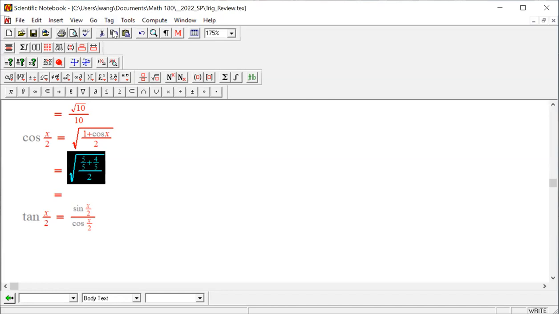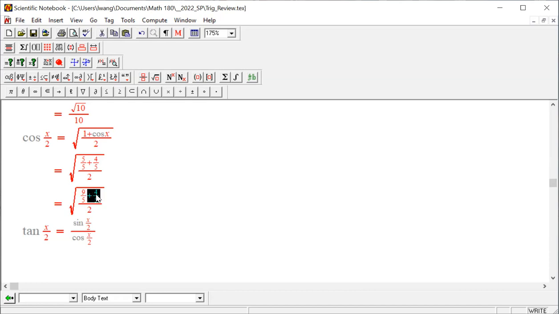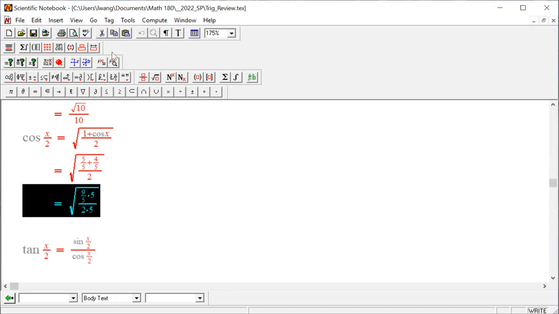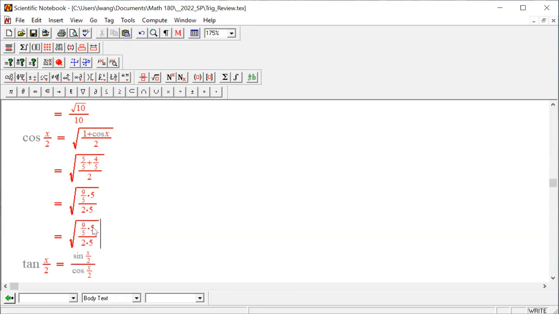On the numerator, inside the bracket, it's going to be 9/5. Multiply 5 on the top and 5 in the bottom, and the top is going to be 9. So this is the square root of 9 over 10, and the square root of 9 equals 3.